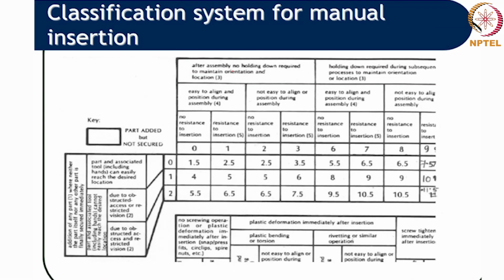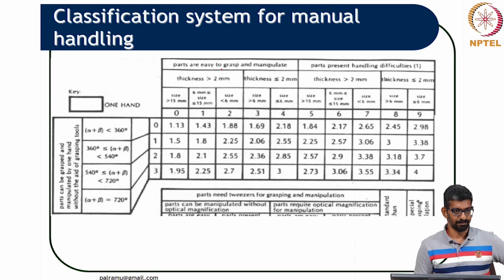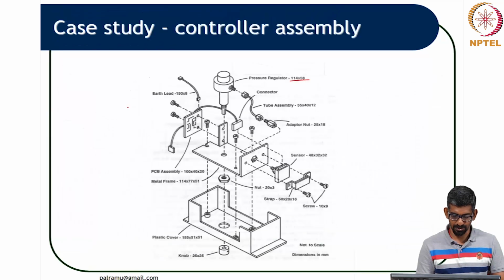Now, what you need to do is you need to go back to this guy. What will you ask here? Can it be handled in one hand? I guess in this particular case it can be handled in one hand. Okay. So, for that pressure regulator, what do you think is your symmetry?